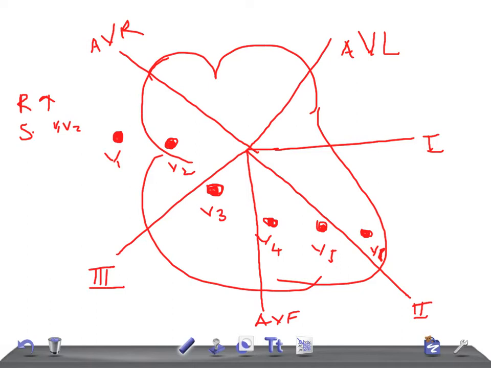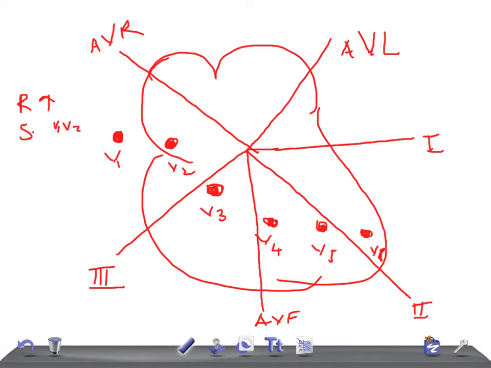So what happens in V4? Maybe the same size, so slight variation could be there. R wave increases in height from V1 to V6. R wave is smaller than S wave in leads V1 and V2. R wave is bigger than S wave in leads V5 and V6.